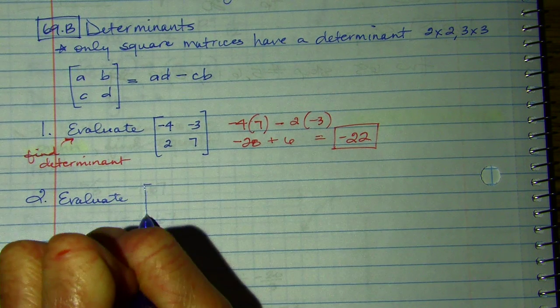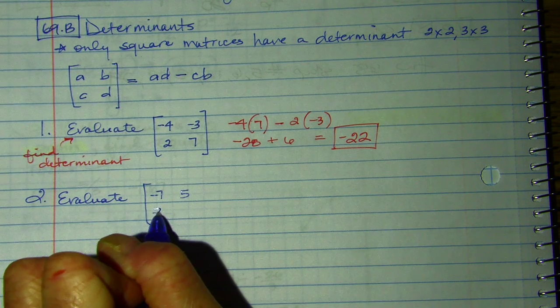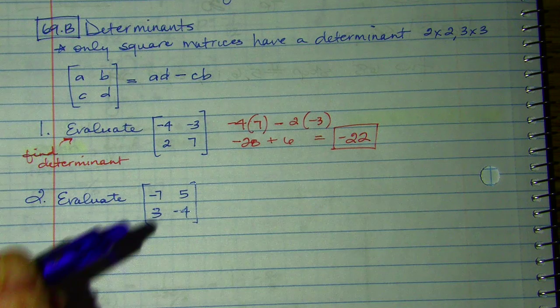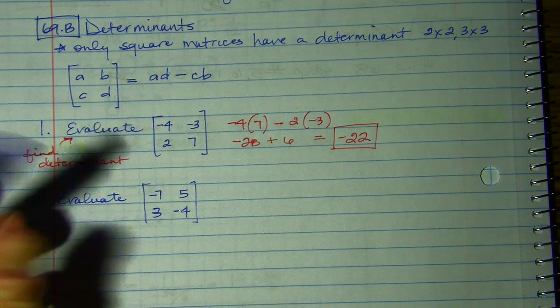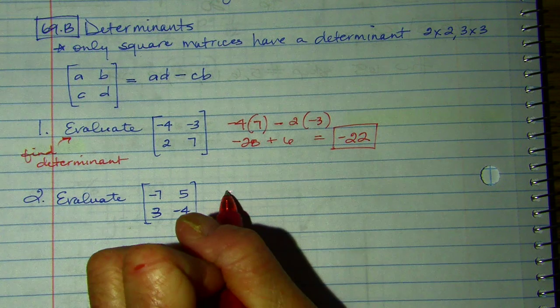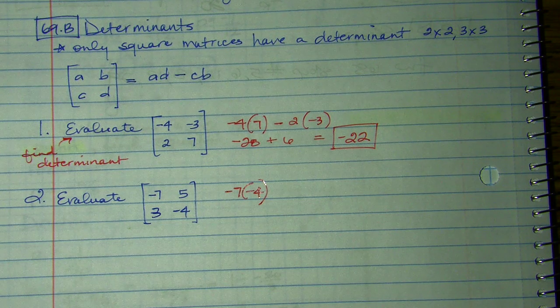Evaluate the following matrix: -7, 5, 3, -4. All right, so that would be -7 times -4. Remember, you're looking at your diagonals.